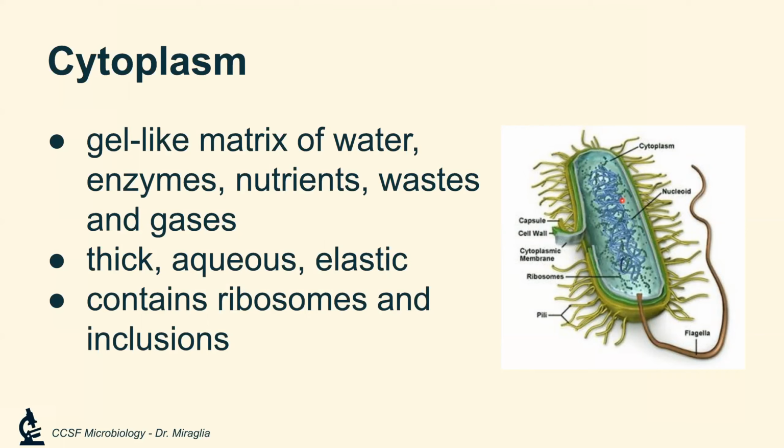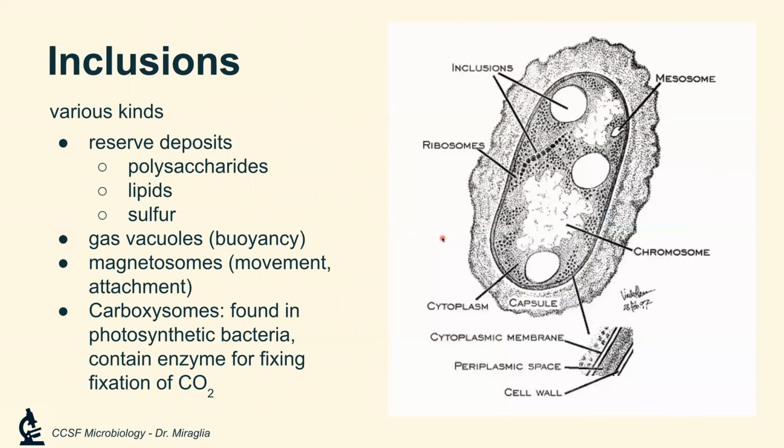It's got enzymes, it's got nutrients, it's got waste the cell is getting rid of, and it has some dissolved gases. In addition to the nucleoid, which contains the genetic material, it contains organelles called ribosomes and structures called inclusions. And so those are next on our to-do list here.